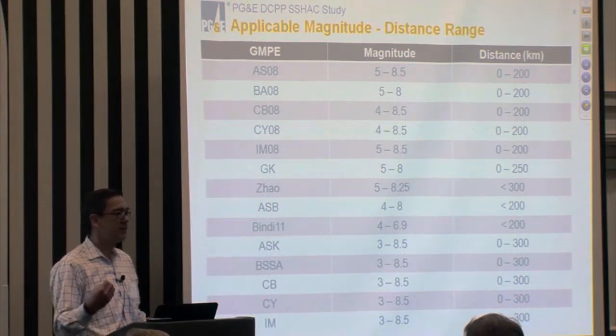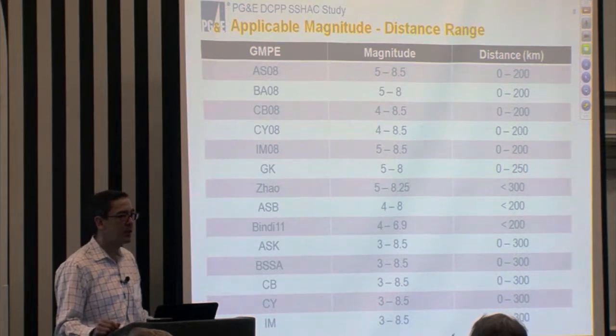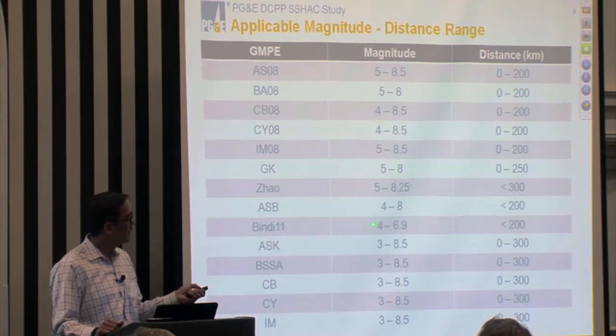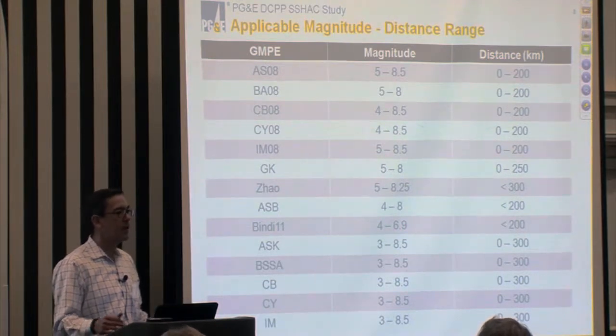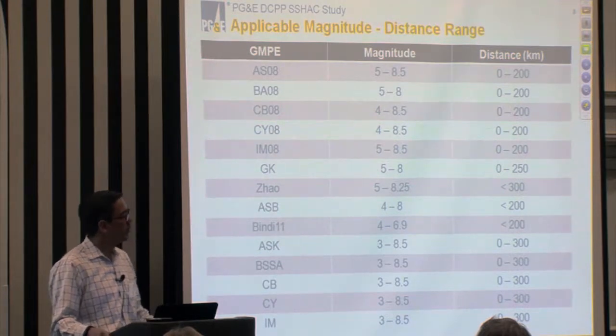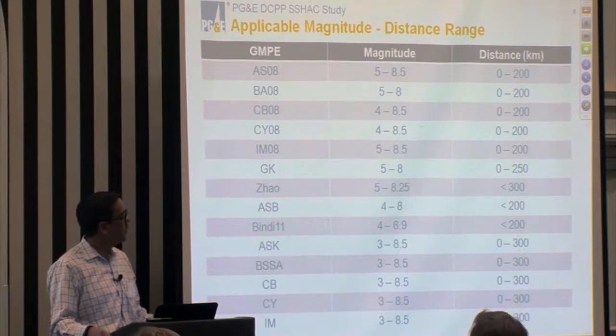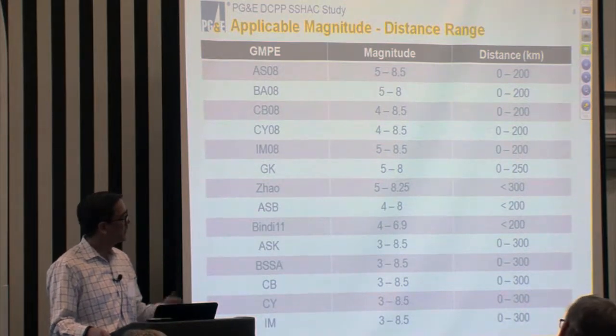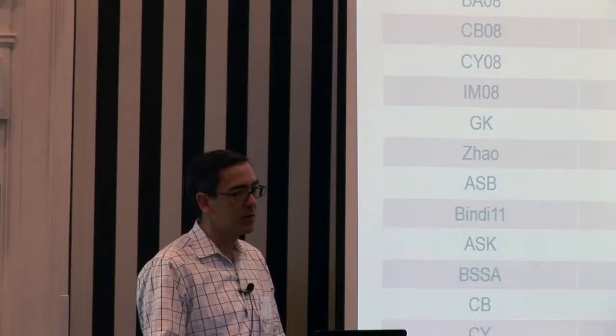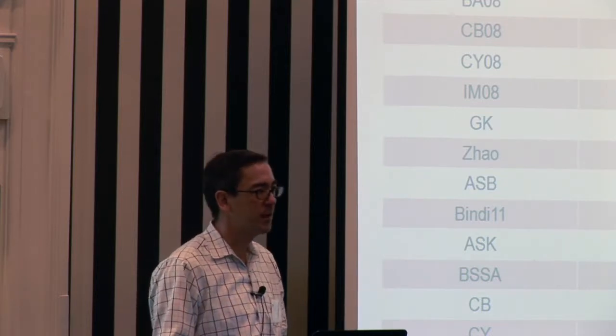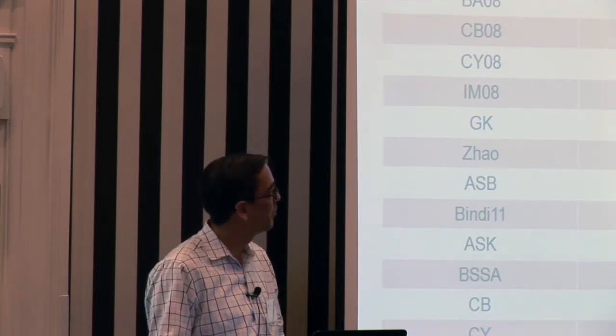Although they didn't specifically state their range of applicability, you'll see a little bit later that the largest event in their database is a 6.9, and when you extrapolate to larger magnitudes, some interesting and probably non-preferable things happen to their model. In terms of distance, they're all applicable to the 200 to 300 kilometer distance range. So for the most part, if we're looking at sources out to about 200 kilometers, we're not extending these models much further than their recommended application.